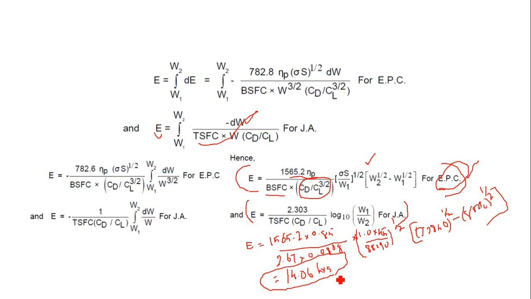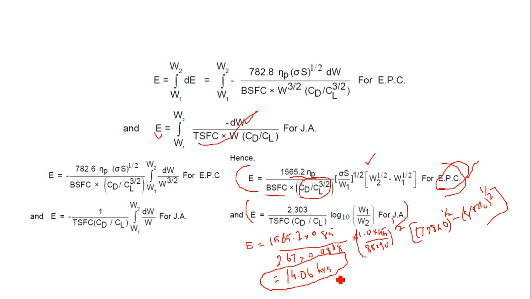Generally, you can use whatever formula, whether you write this formula, just note this formula, or else you can use your Anderson book formula also, both are the same. Only thing is, here I have substituted all the values for BSFC and the BHP and all, and then only I got it like this.